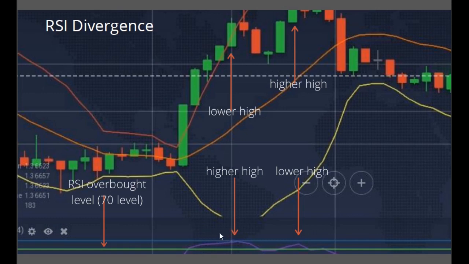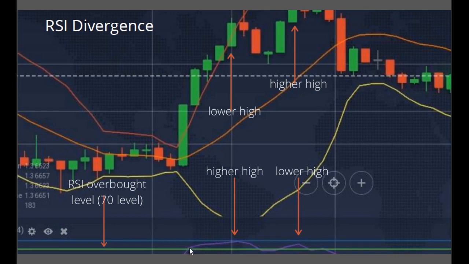Okay, so the RSI divergence is when you see the RSI overbought level, like I mentioned, the price did not reverse at the touch of this 70 level. The 70 level is this green line, this horizontal line.